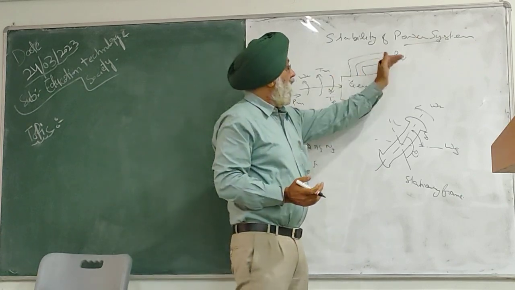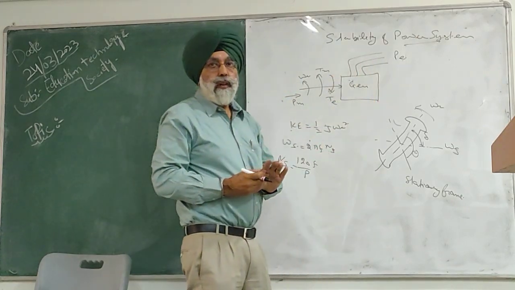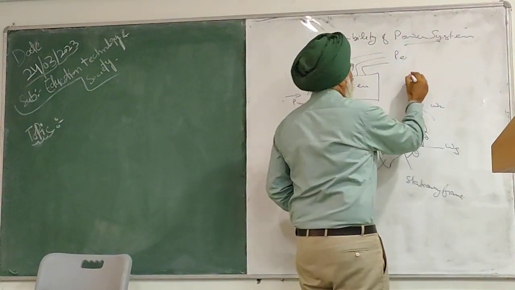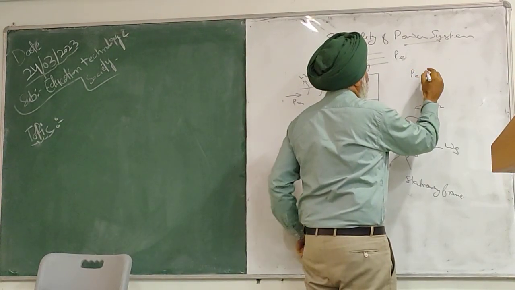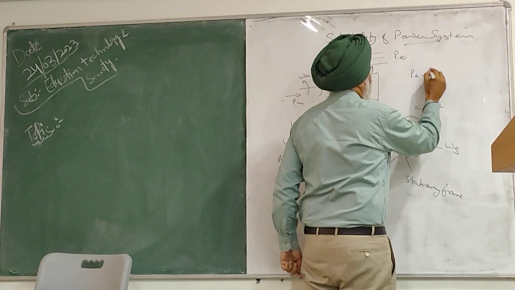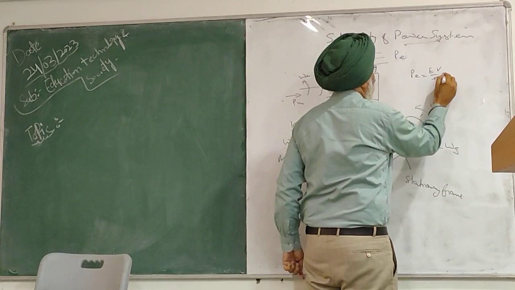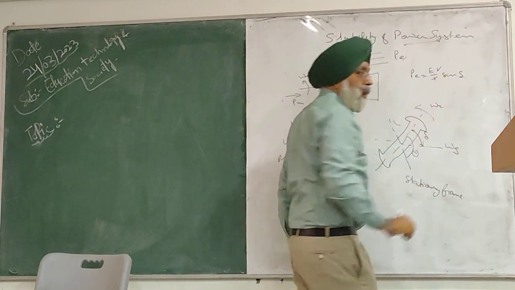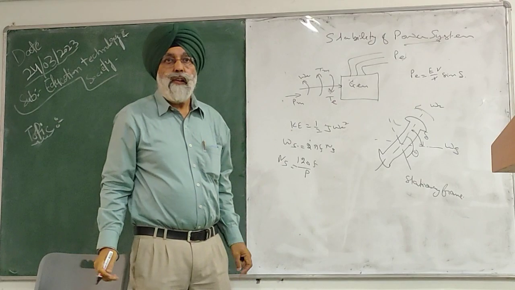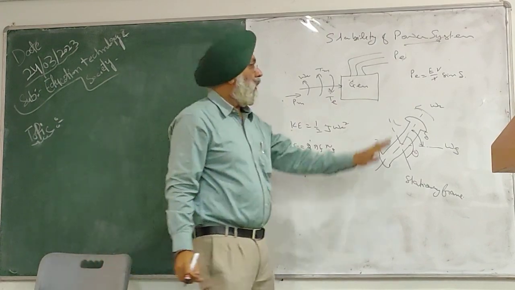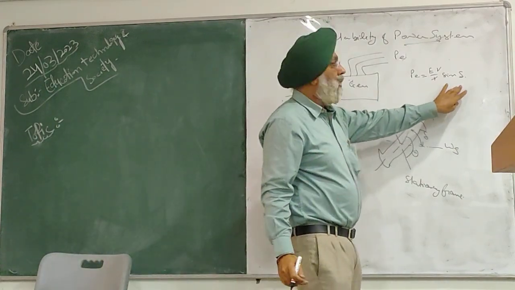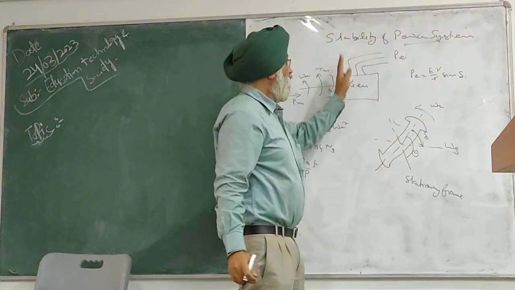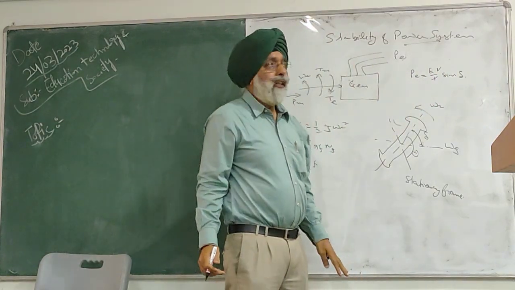So our generator is producing some electrical power, and this electrical power is given by P equals E V divided by X sine delta. This power is given by this relationship. E is the EMF produced by this generator.